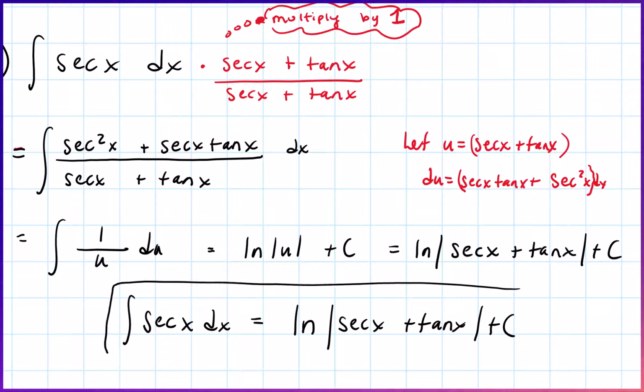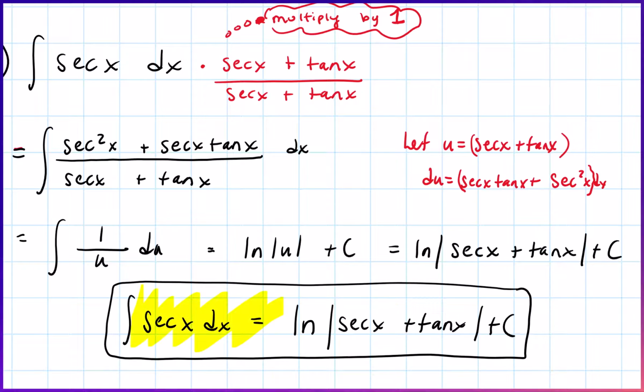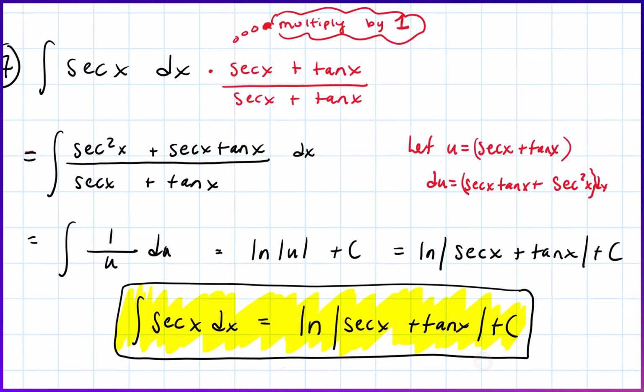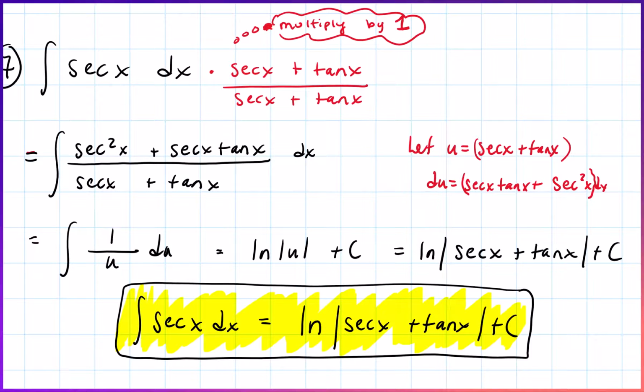And that is, again, I'll go ahead and highlight it. That's just showing one integration strategy, that strategic choice of a fancy 1 so that we can set ourselves up for a u sub. But again, I'm going to give this guy fireworks just like I did the last one, because in a similar way, knowing the integral for the tangent, knowing the integral for the secant can be useful in our work moving forward with integrals.